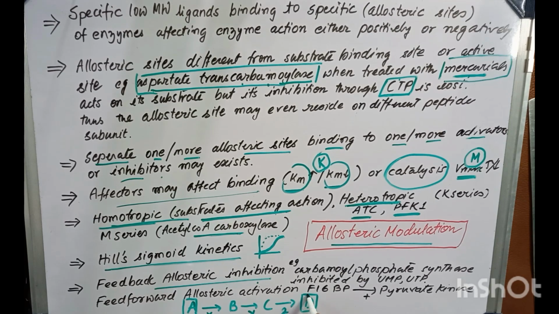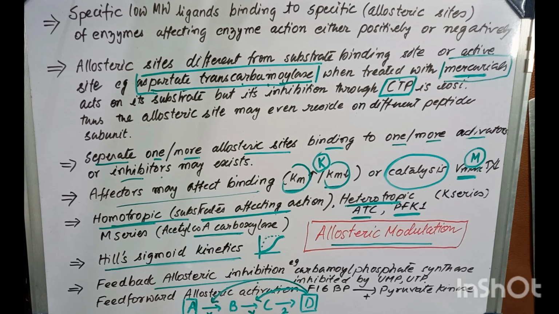If this product inhibits any enzyme here, it is called feedback inhibition. So allosteric enzymes have feedback allosteric inhibitions, meaning a metabolite later in the pathway, say D, the product of the pathway, inhibits the earlier enzymes of the pathway. This is called feedback allosteric inhibition.